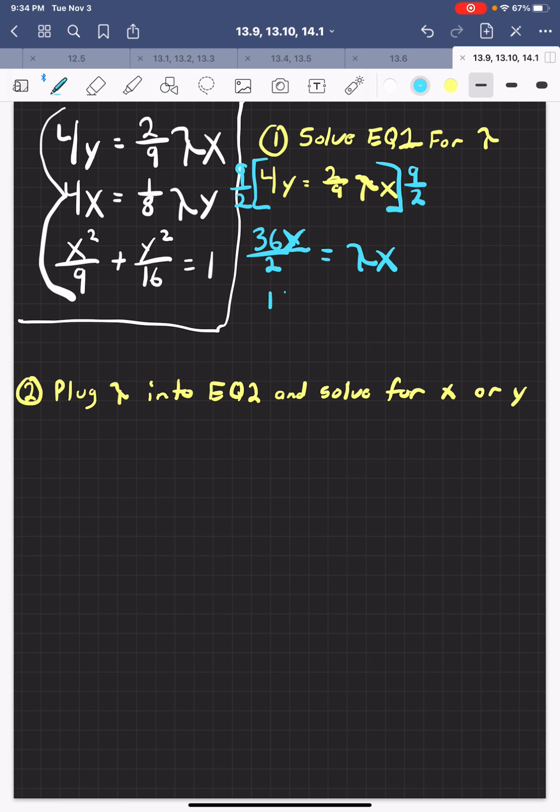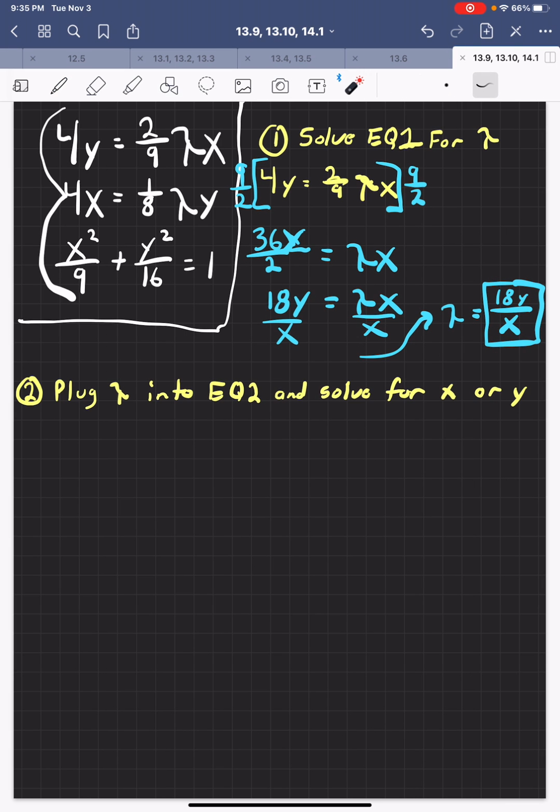So 18y equals lambda x. And of course, you're trying to get lambda by itself, so divide by x, and we end up with lambda equal to 18y over x. All right, so that's step one.